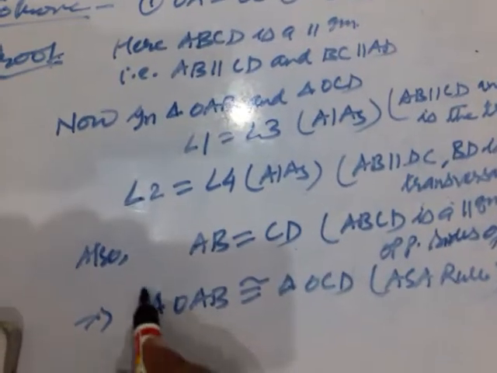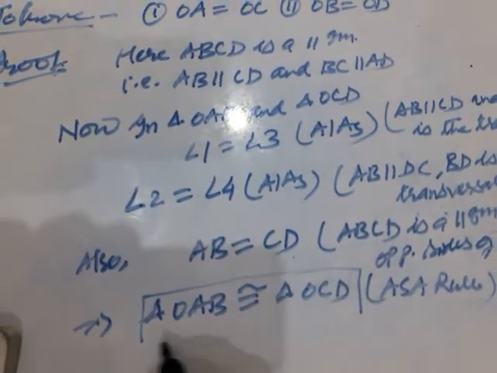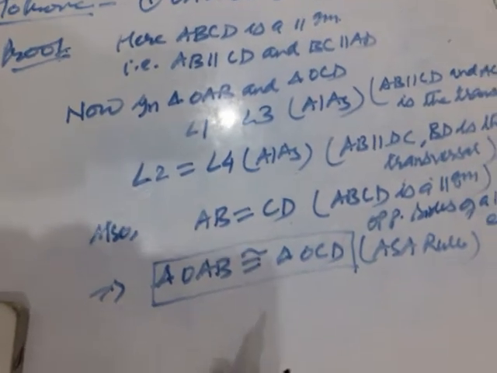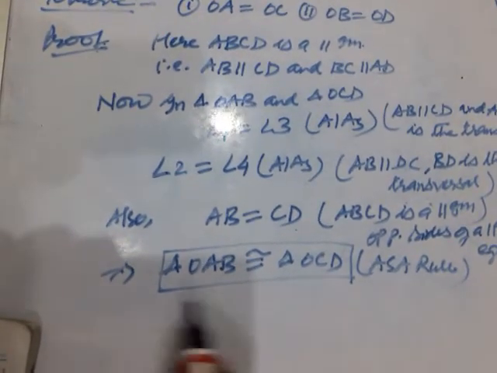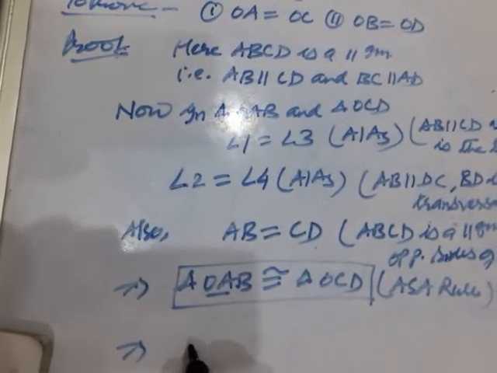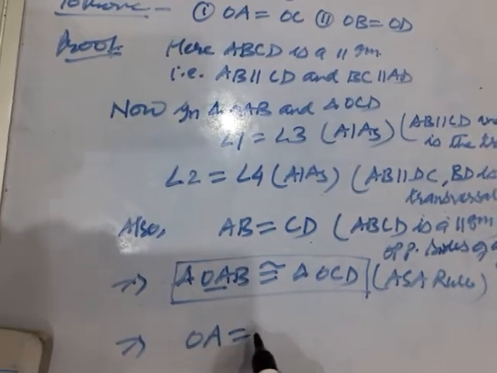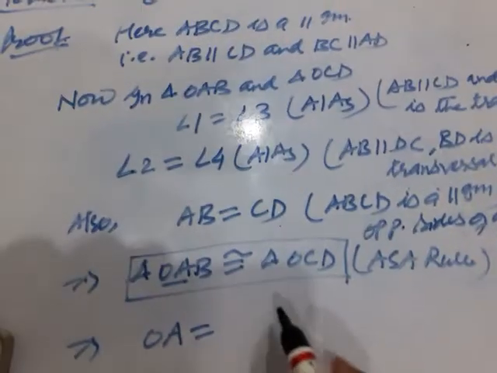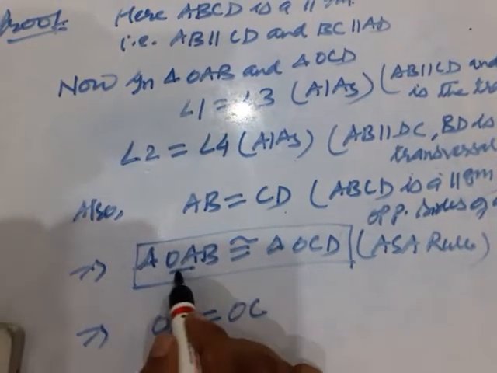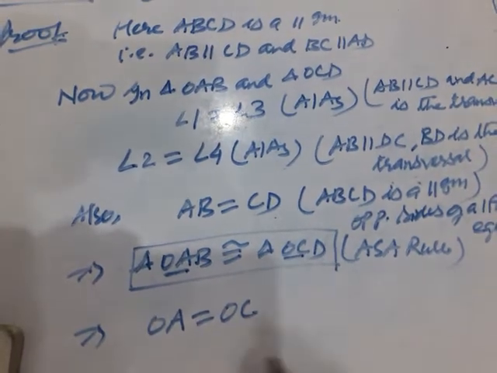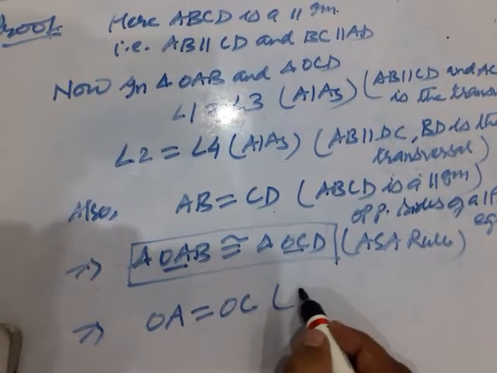Clear, children? So triangle OAB is congruent to triangle OCD. Is there any doubt? This implies that, what is our destination? This implies that OA equal to OC. Clear? That is first and second vertices. OA equal to OC, that is by CPCT.